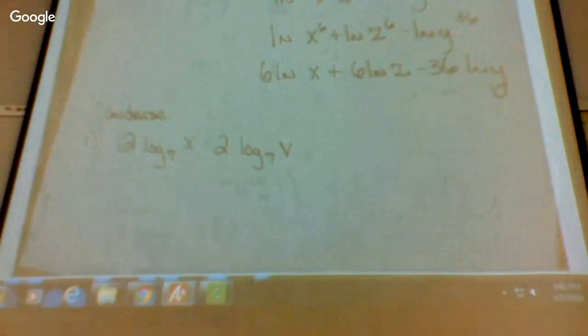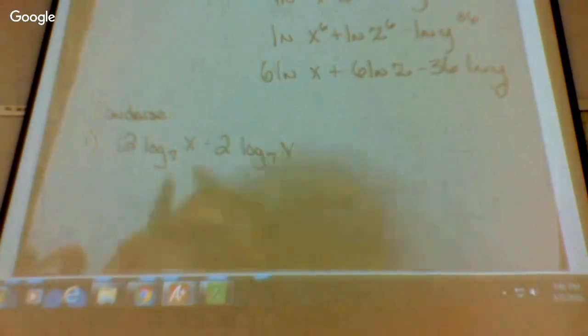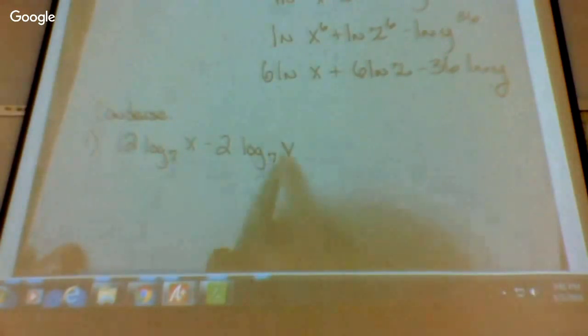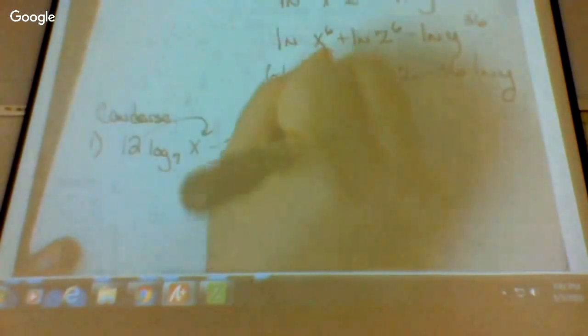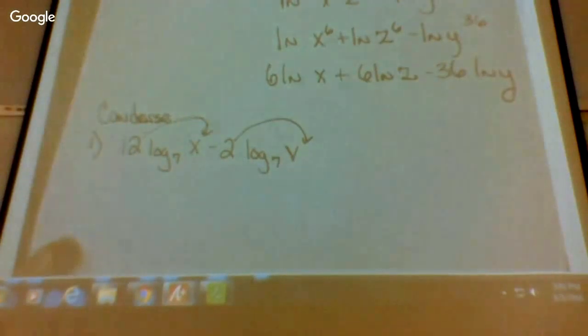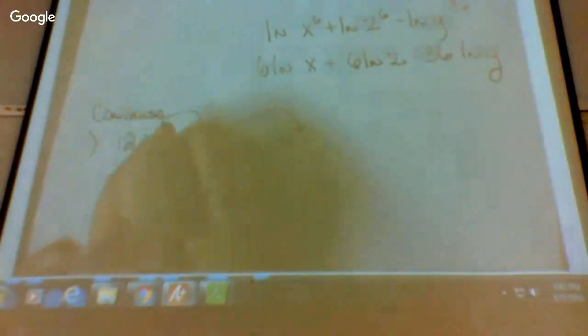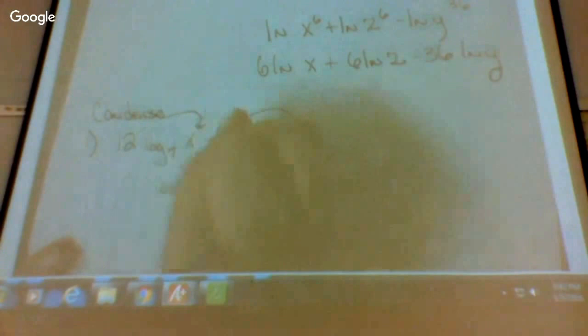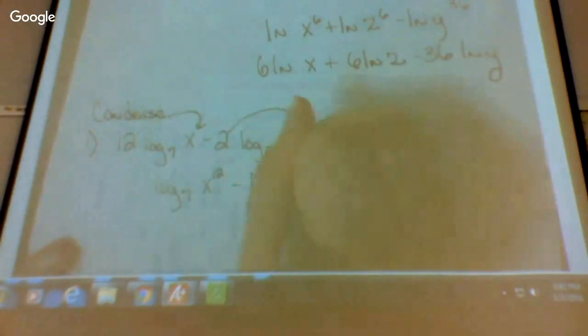You cannot condense or combine them in any way if the logs are not the same. So if this was a log base 7 and this was a log base 5, I would just leave it alone. But because they're both the same log, I can combine them. First of all I'm going to move my exponents: log base 7 of x to the power of 12 minus log base 7 of v to the power of 2.